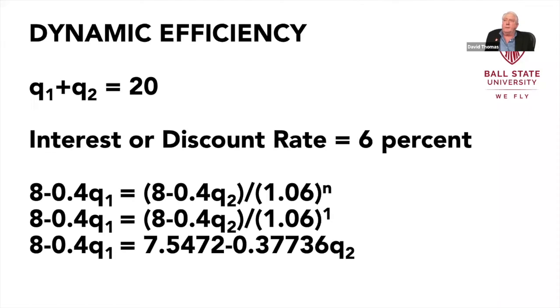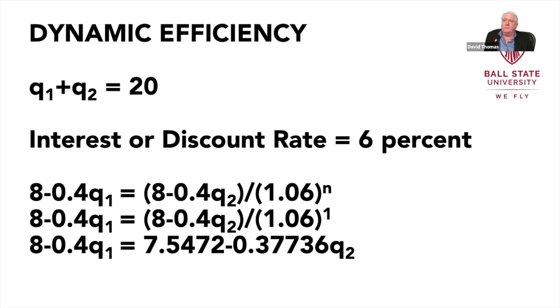We then take that equation, Q1 plus Q2 equals 20, and we determine that the interest or discount rate is going to be, in this case, 6%. And what we want to do is use this as part of a present value calculation. So present value, that's on the left, and future value on the right.